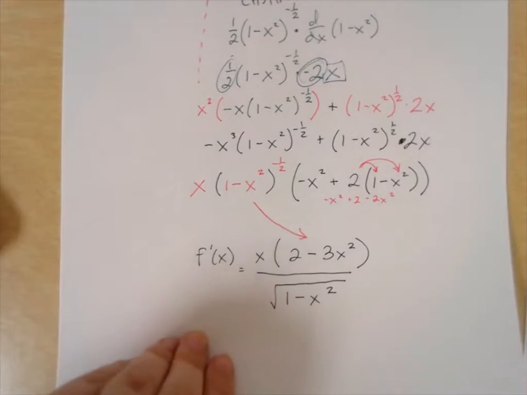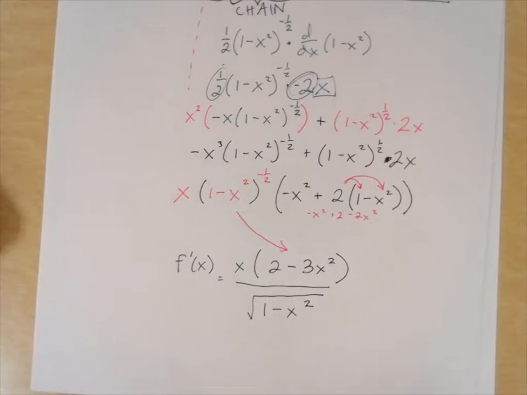All right. The next thing we're going to talk about is when we use quotient rule first. So sometimes we'll have to use the quotient rule before the chain rule.